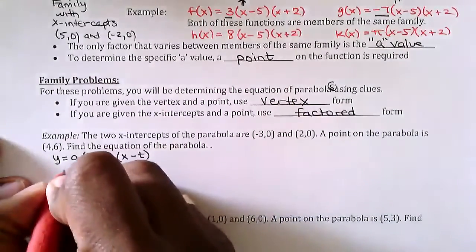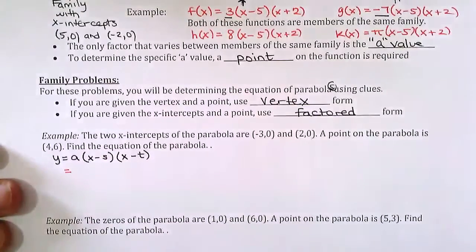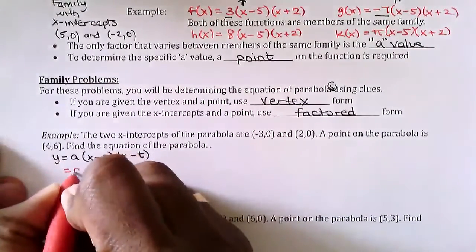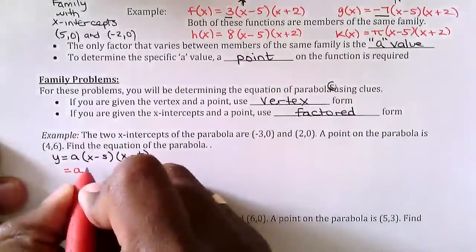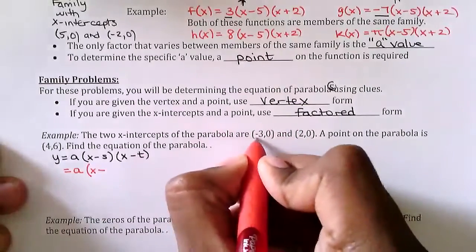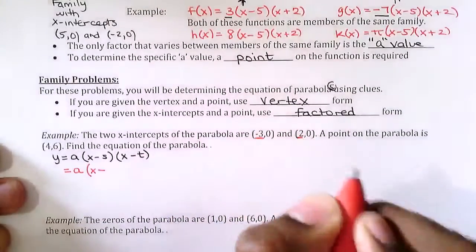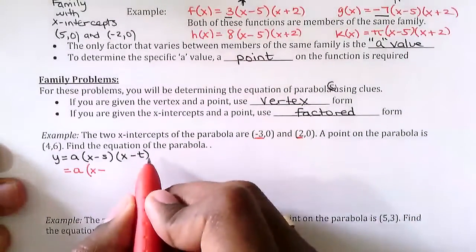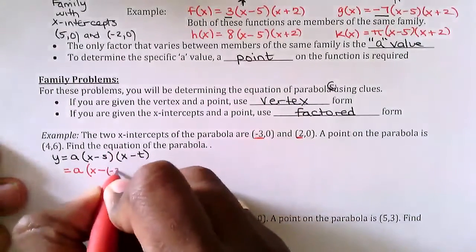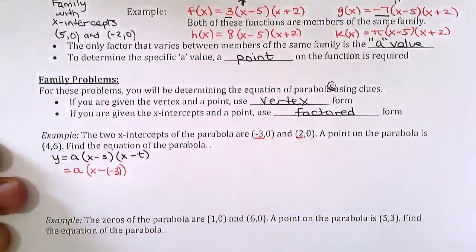So we're going to put in the proper x-intercept values into our equation. We don't know what our a value is. We don't know what our x value is yet. We know that our x-intercepts are the values that go into our factors. So we're going to take the -3, and I'm going to put that in as my s.